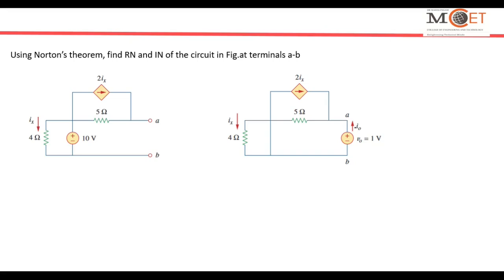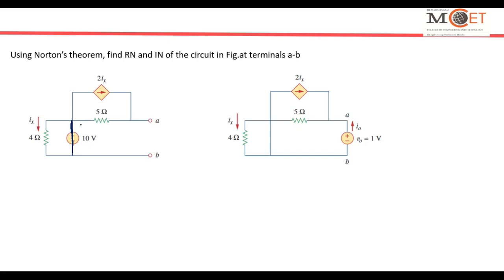This is done by shorting the independent voltage source. If there is any independent current source available, I will open circuit it.